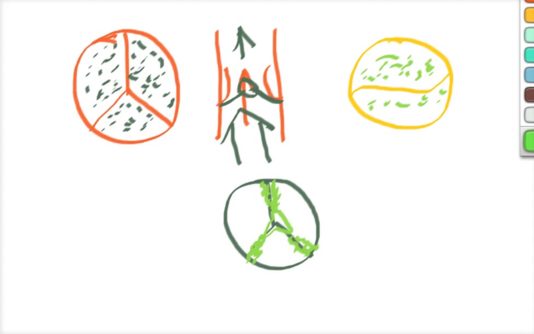So the opening of the valve then is significantly reduced because of the fusion of the leaflets.